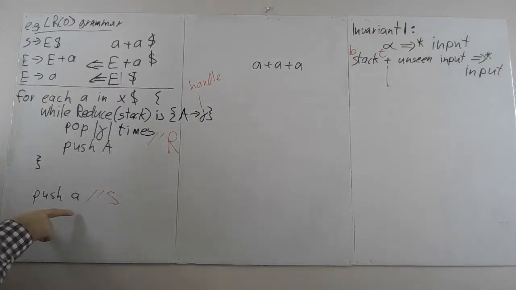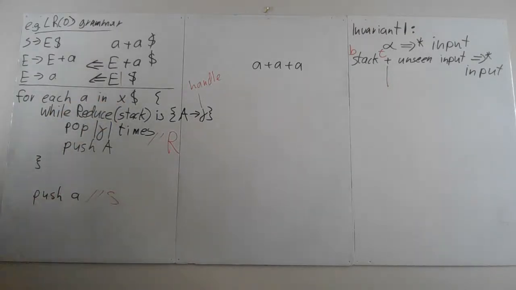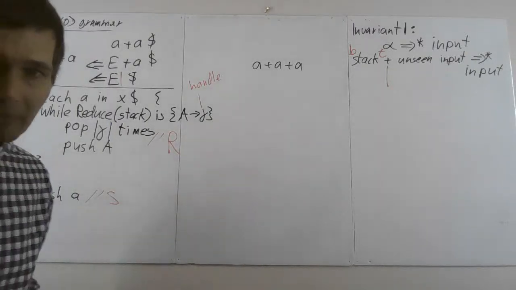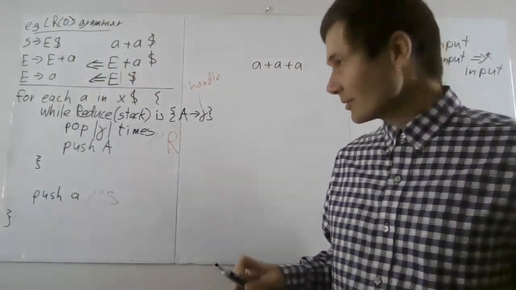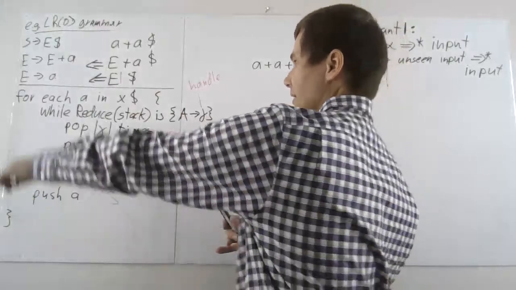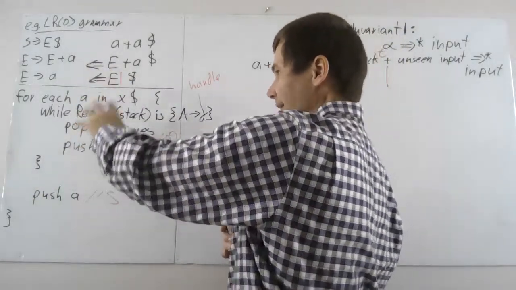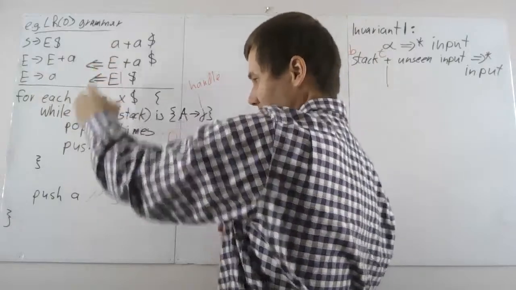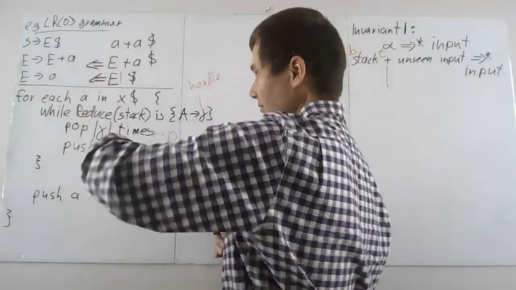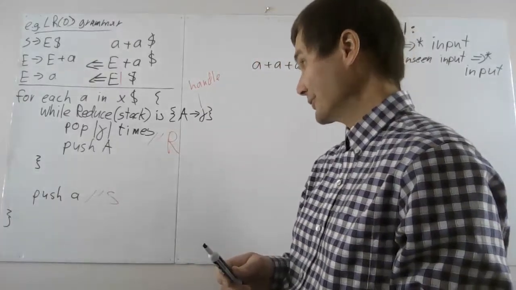So here, I'm taking this A from the rest of the input and pushing it onto the stack. And then I'm done. All right, so here it says, take that next symbol from the input, push it onto the stack. We'll go around the loop again, and we'll try to see, can we reduce now? And if we can, okay, we'll reduce.